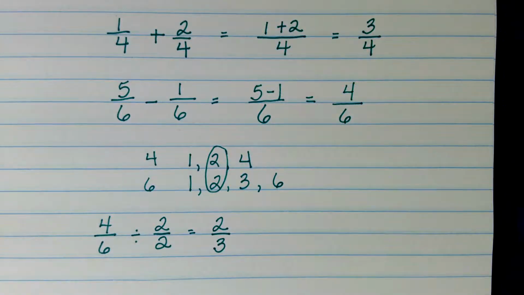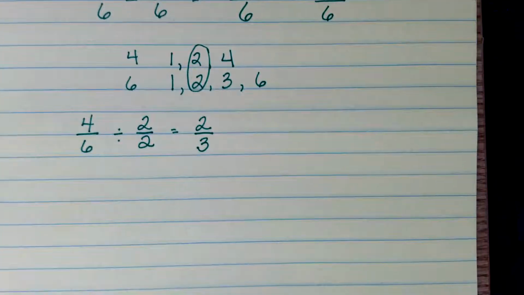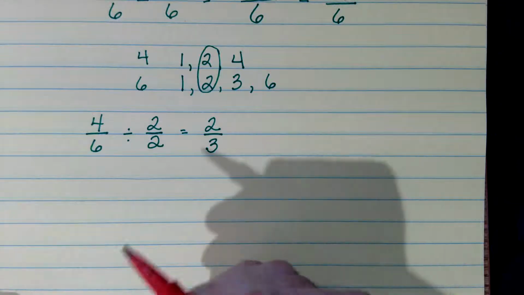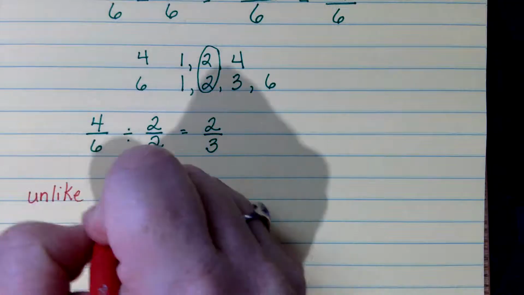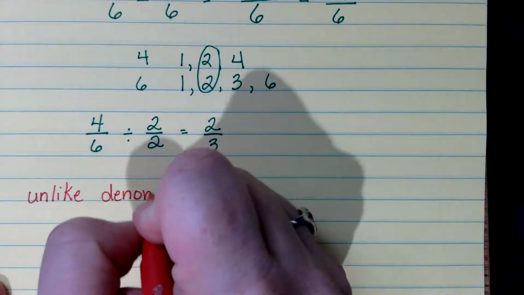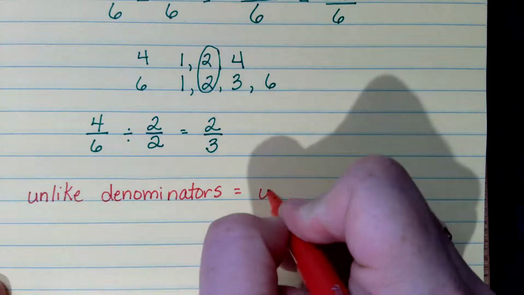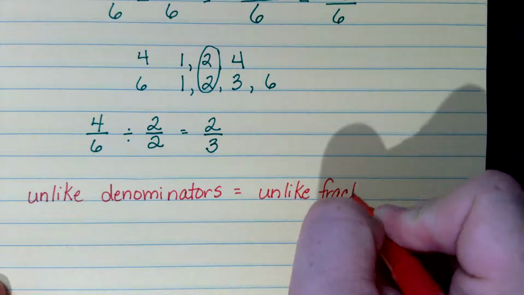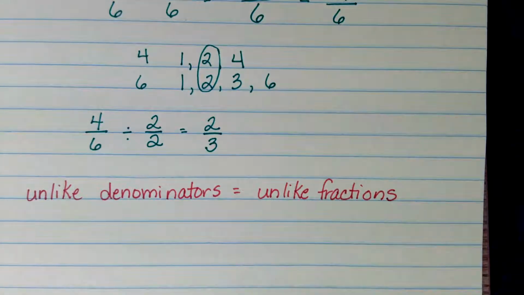Let's say we have fractions with different denominators, or unlike denominators, which are called unlike fractions. Not that I really dislike doing these fractions, but we're going to go unlike denominators. So, we've already said that our denominator is like a label.